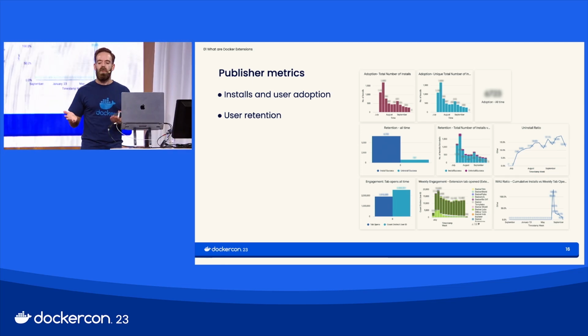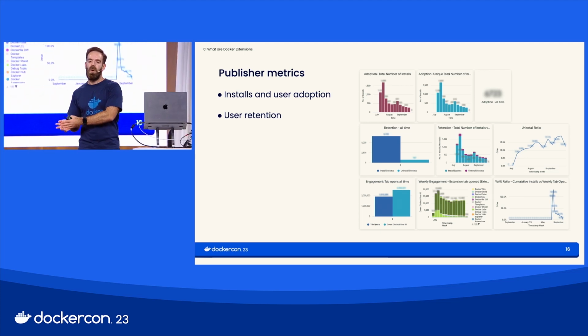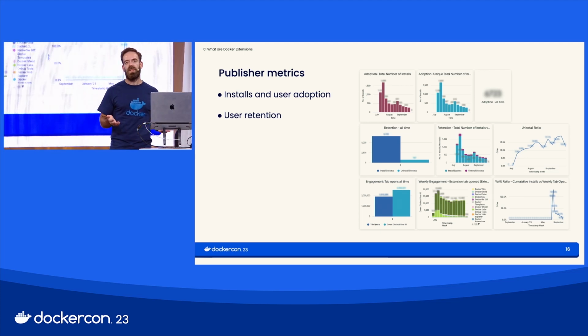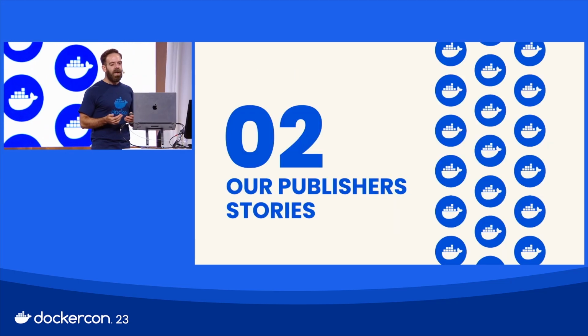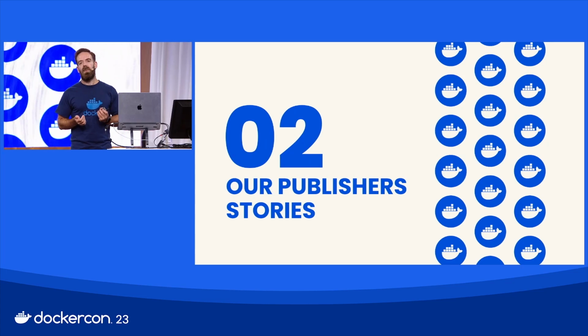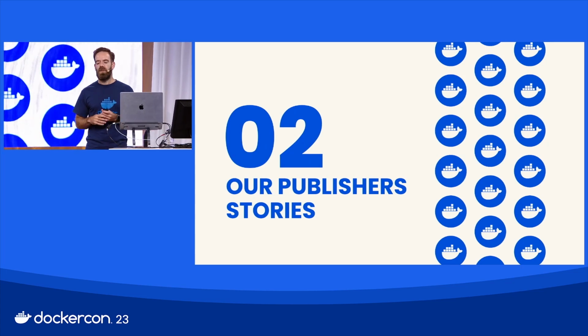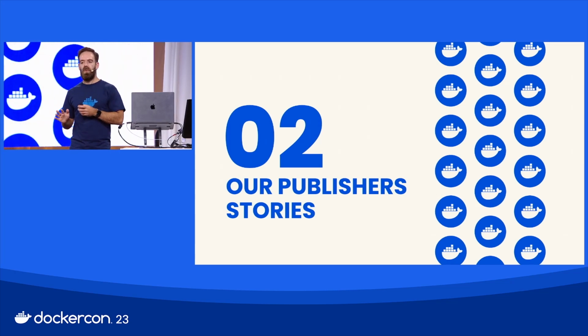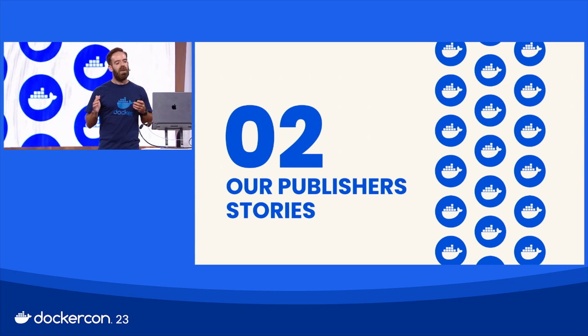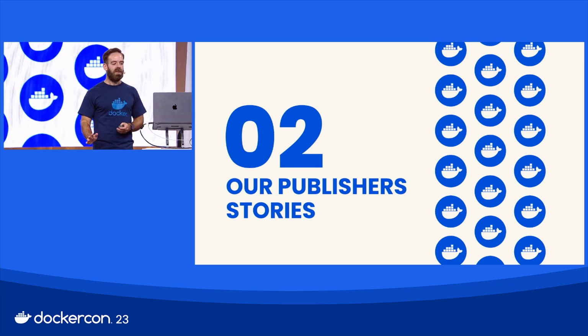So the marketplace for publishers is a place to distribute their product, but also a place to understand their users and get feedback. And I want to dive a little bit more into some of those publishers, and I want to tell you some stories. We selected some of the extensions that we have in the marketplace that we think are interesting for you, and I think they're pretty good success stories.